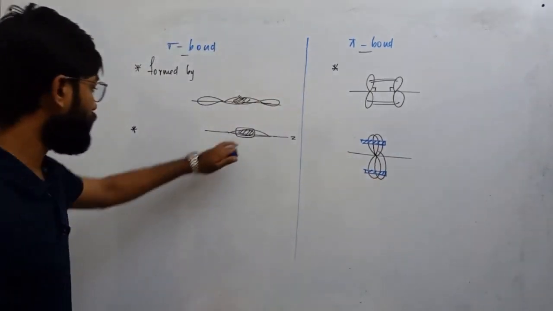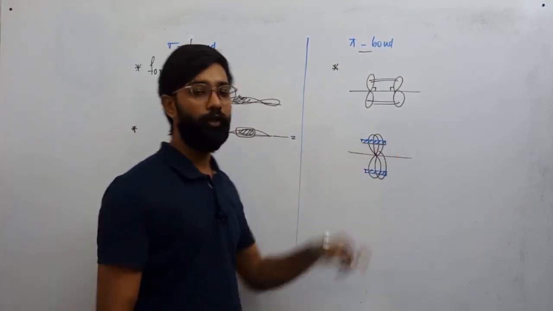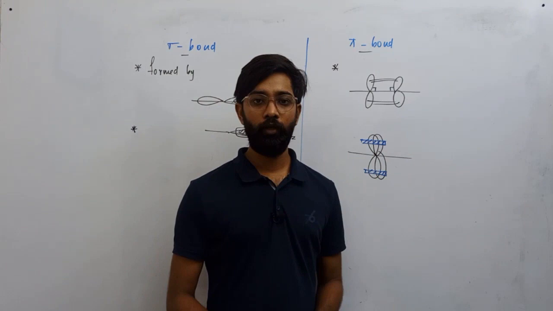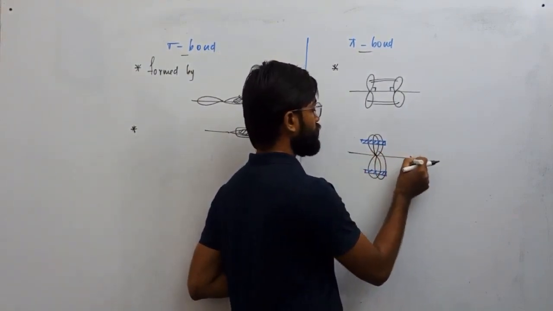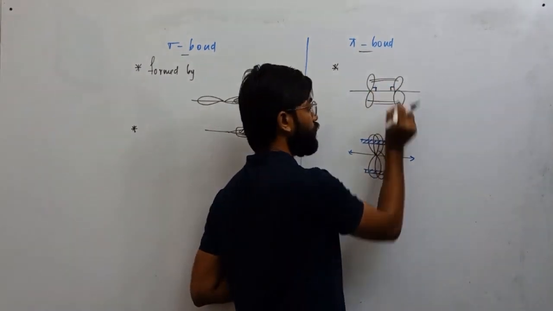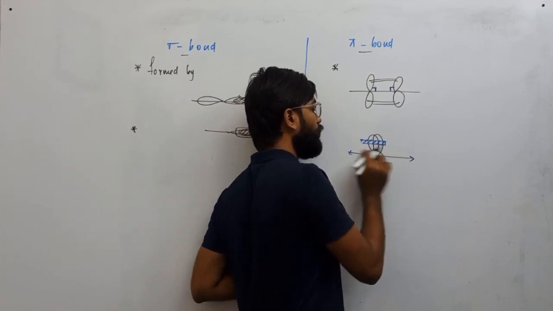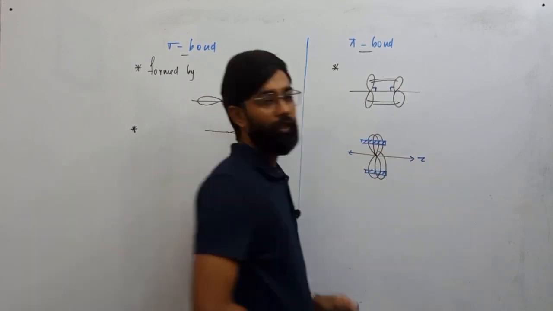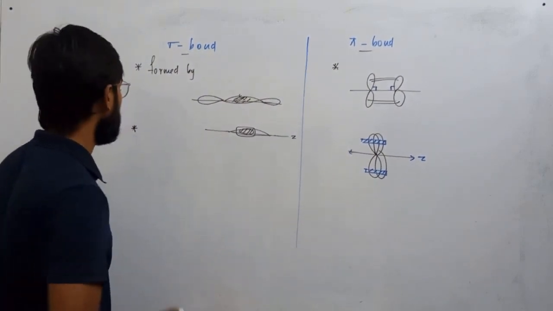Here the point is: electron density in two planes parallel to the internuclear axis. The overlapping orbitals are perpendicular to the internuclear axis, but the electron density occurs in two planes which are parallel to the internuclear axis. Ready?